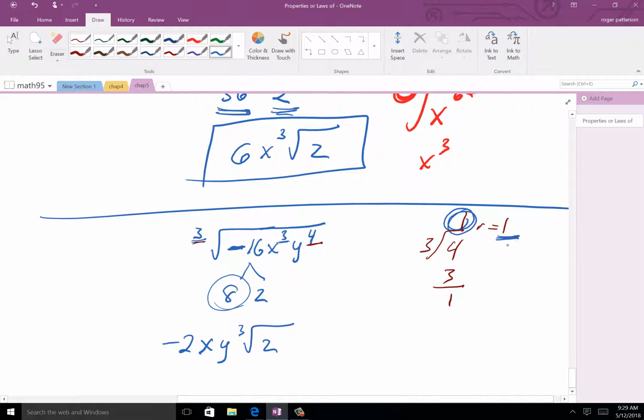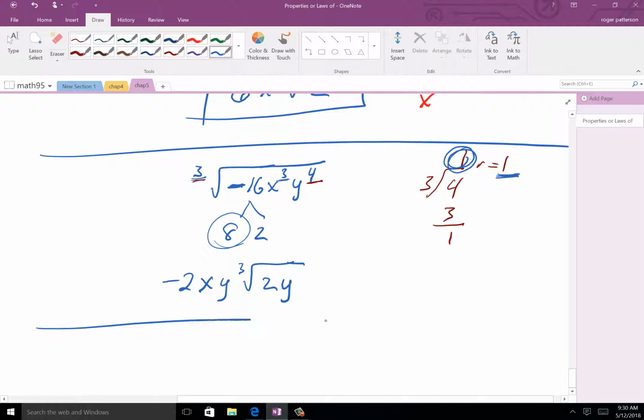But because there's a 1 here, that means there's a 1 left over on the inside of the radical. I think the easiest way to think of these is to actually perform this division, but it comes from that idea of the fractional exponent. Because if you try to do the fractional exponents with this, it's not going to give you this idea here.